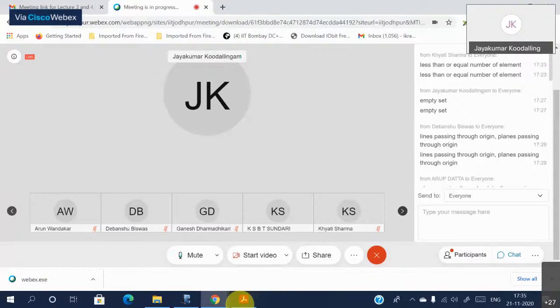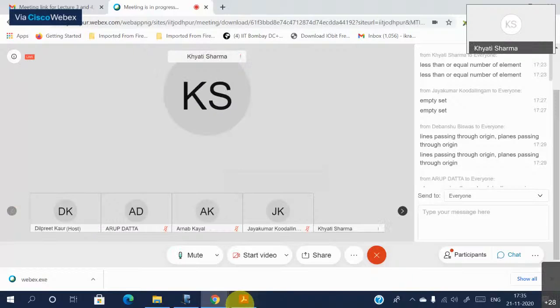Okay. Is Khyati Sharma there? Yes, sir. I am also thinking these are the only subspaces of R3, but I am thinking how to prove this. Good.